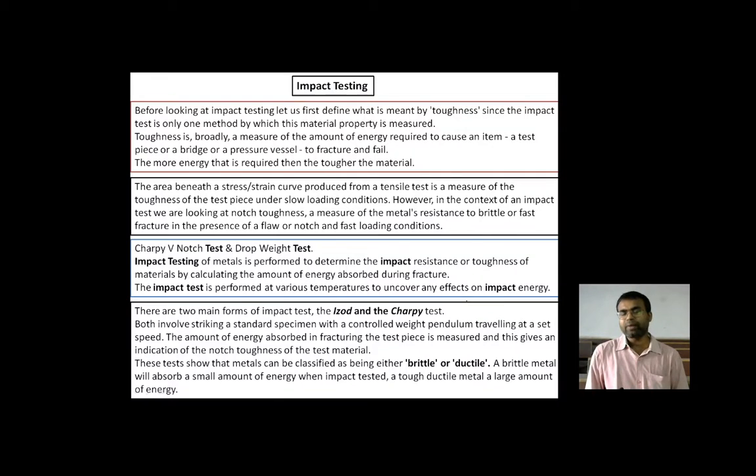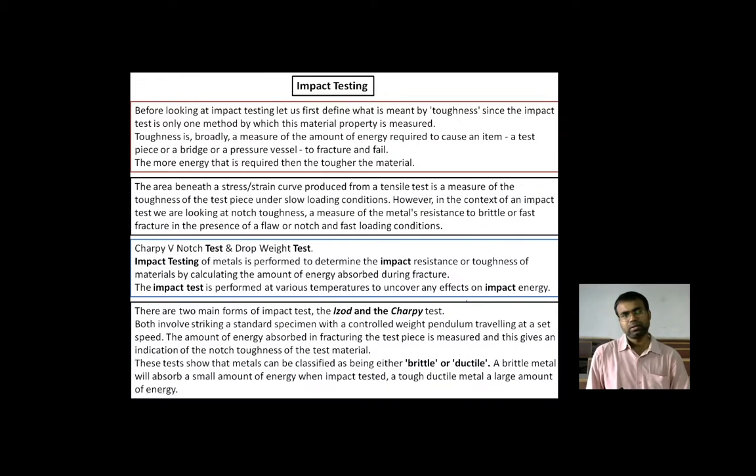That particular material should have the property that it can withstand critical scenarios during its working condition or working environment.